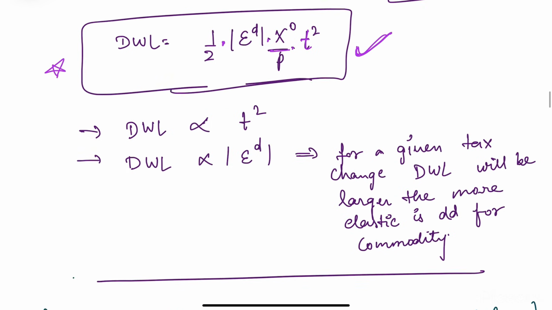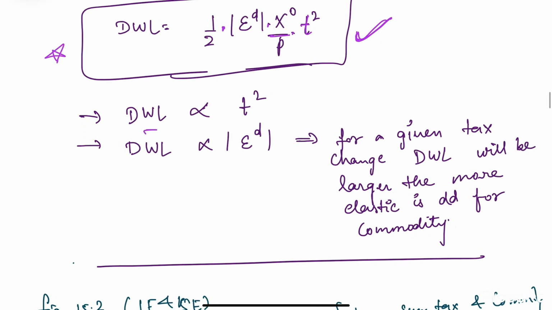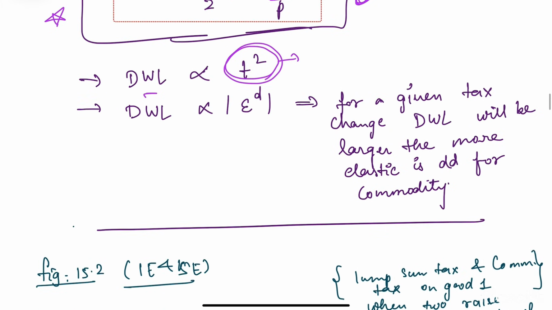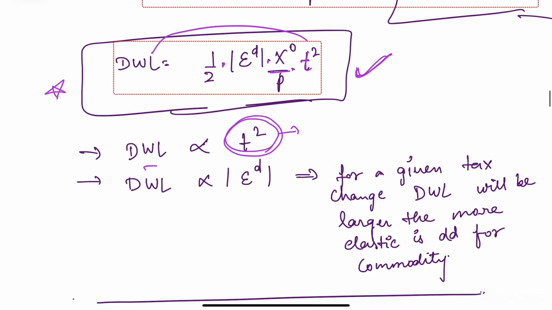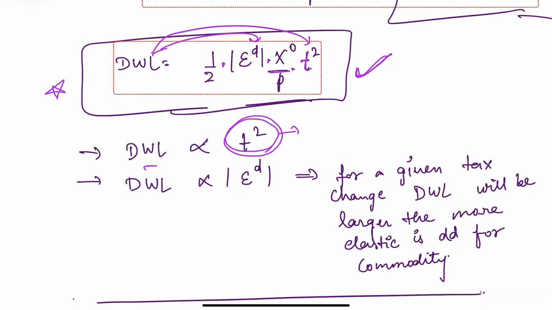Just learn this. From this formula, what we have derived is that deadweight loss is directly proportional to the tax squared. What it means is that as the tax rate increases, deadweight loss also increases significantly. There is a direct relation. Another relation we have to look at is how deadweight loss is related to elasticity.